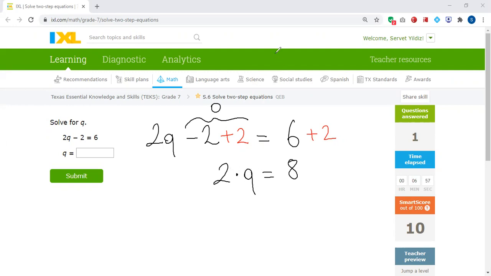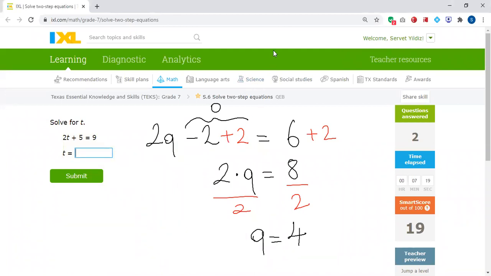Okay, so let's divide both sides by 2. 2 and 2 will be canceled out. So q is equal to 8 divided by 2, which is 4. Q is equal to 4.